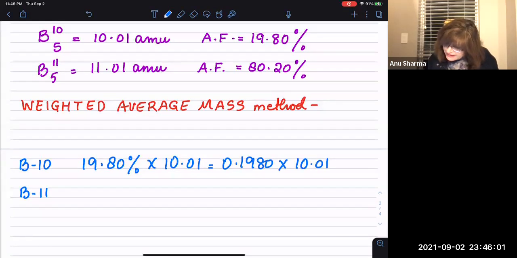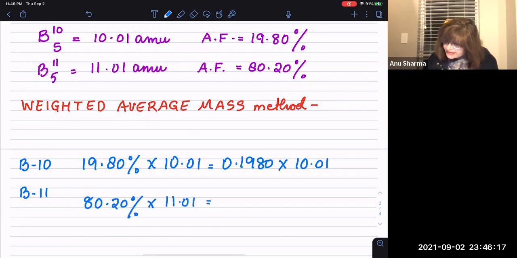And the other one is 11.01 atomic mass units. Sorry, let's just do this. The other one is 80.20. 80.20% times 11.01. And this is 0.8020 times 11.01. Okay, so let's do these calculations.